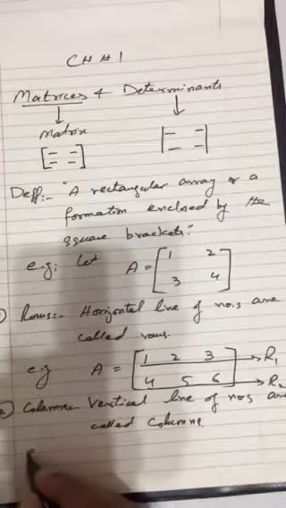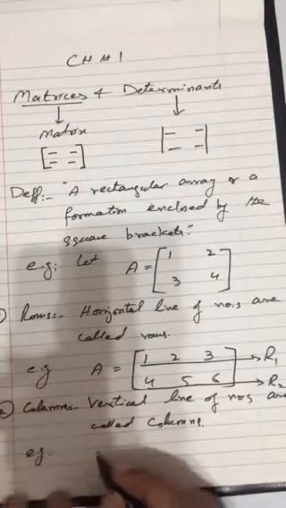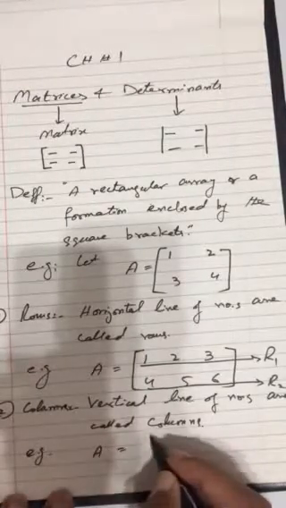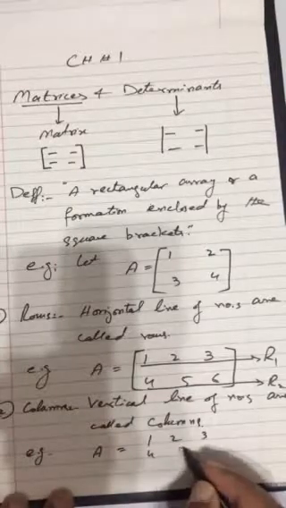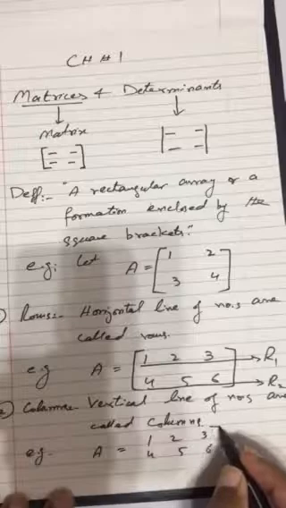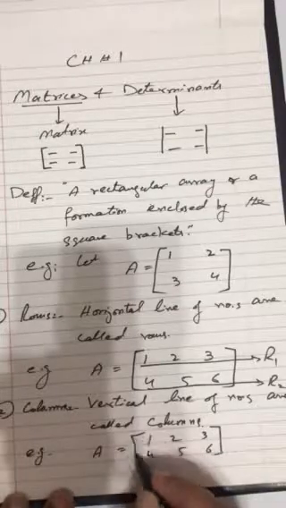For example, here I take 1, 2, 3, 4, 5, 6 enclosed by the square brackets.